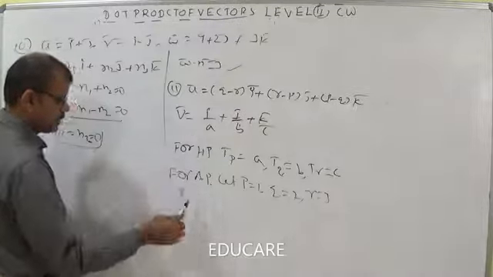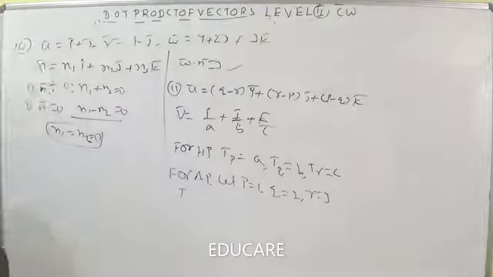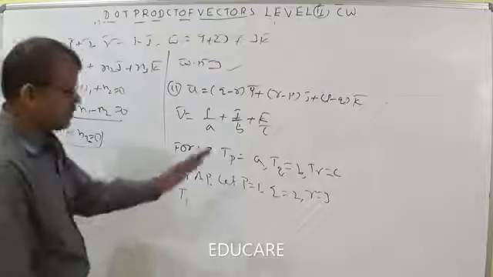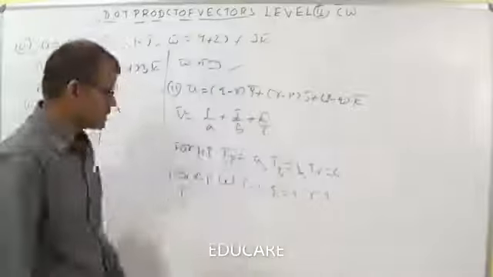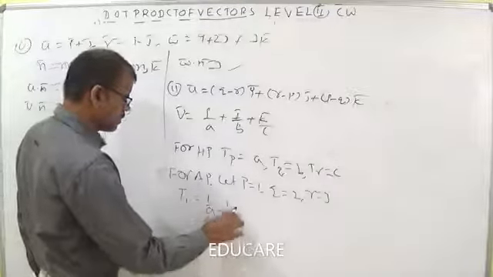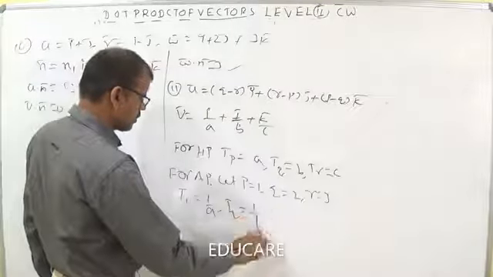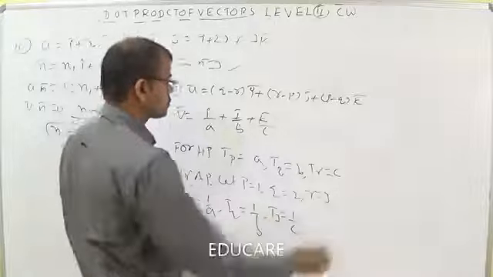For a harmonic progression, when calculating as an arithmetic progression, the values become reciprocals. So T1 is equal to 1 by A, T2 is equal to 1 by B, T3 is equal to 1 by C.